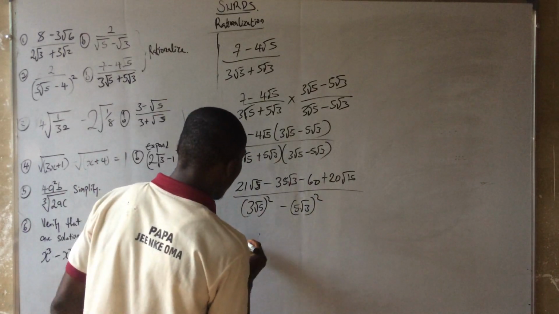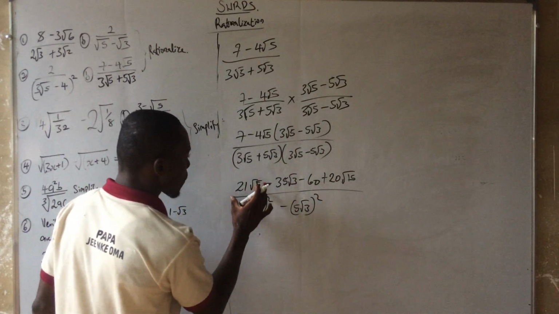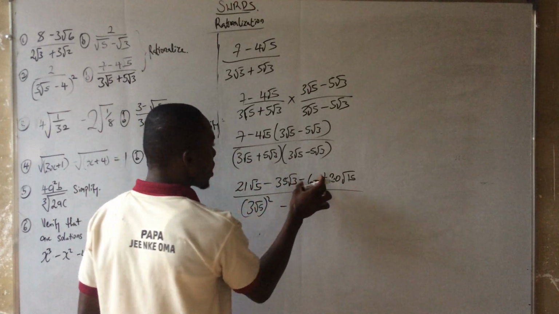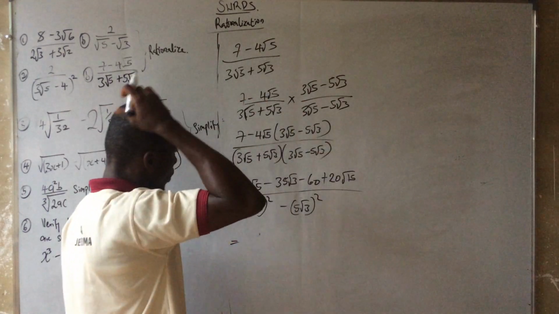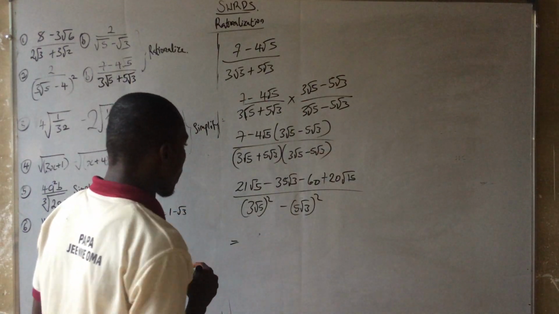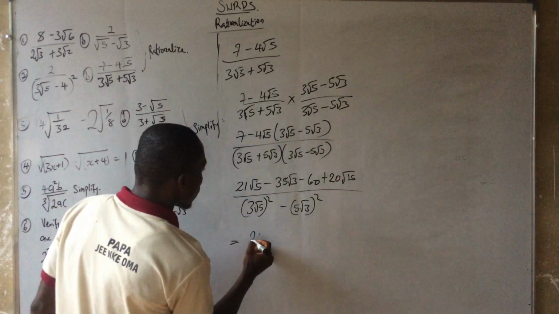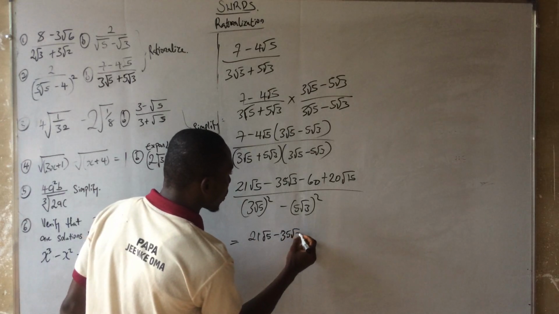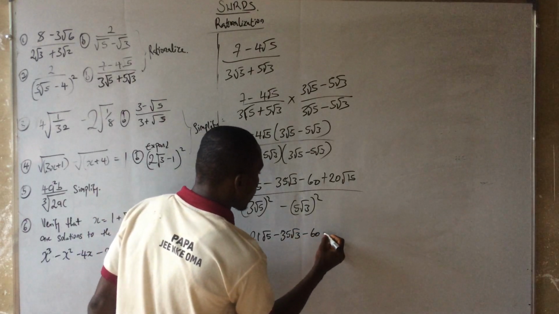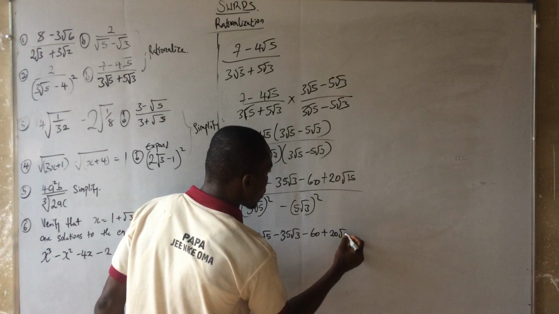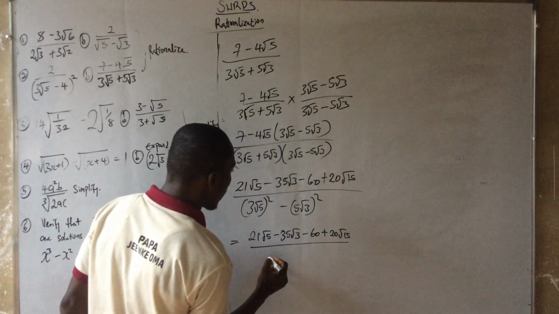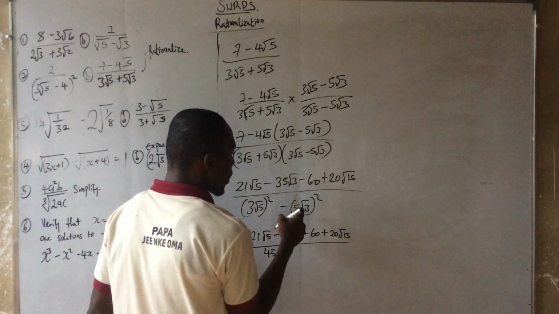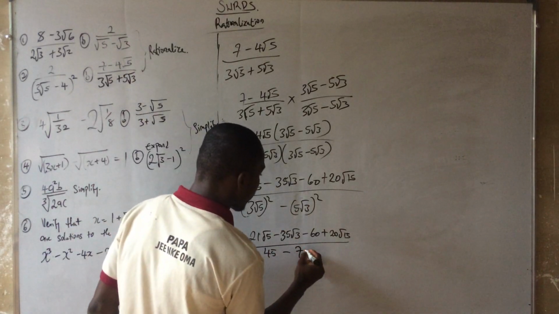So the next thing I'm going to do here now is, here is root 5, here is root 3, here is 60, and here is root 15. So I'm going to say 21 root 5 minus 35 root 3 minus 60 plus 20 root 15 all over 9 times 5 is 45 minus 25 times 3 is 75.